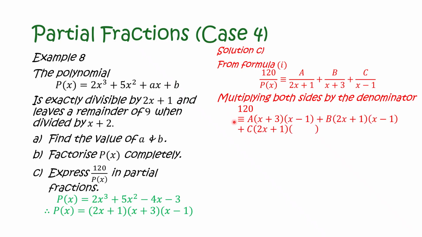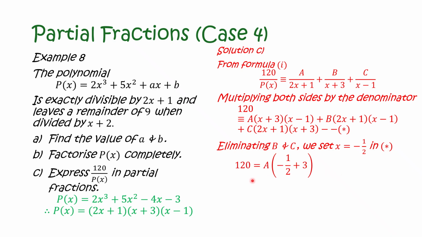So with that, we clear the fractions by multiplying both sides by the denominator of what is on the left-hand side. In doing so, we are going to have 120 is equivalent to a times x plus 3 times x minus 1 plus b times 2x plus 1 times x minus 1 plus c times 2x plus 1 times x plus 3. Let's label this identity star.